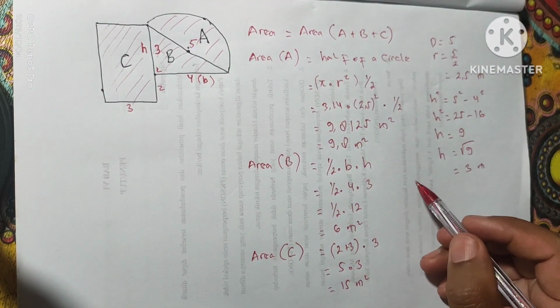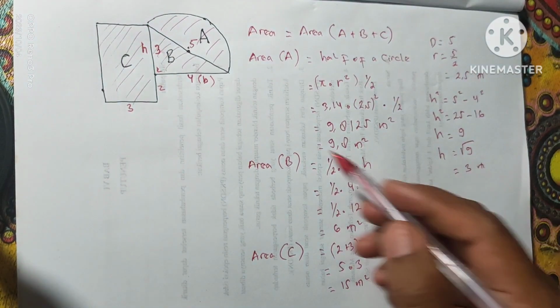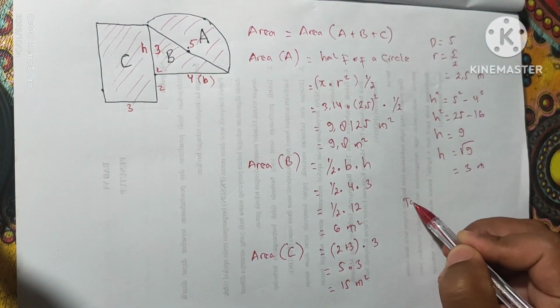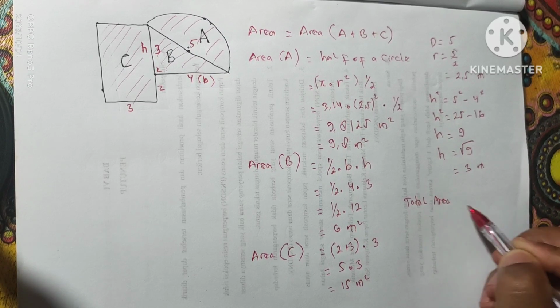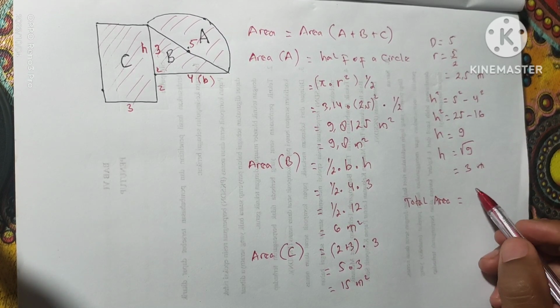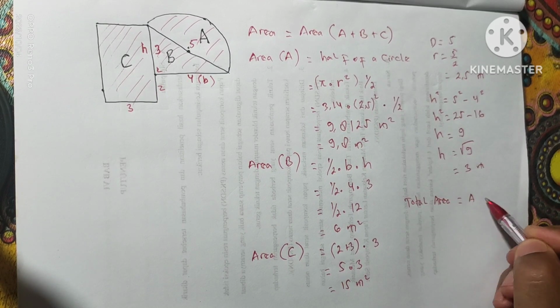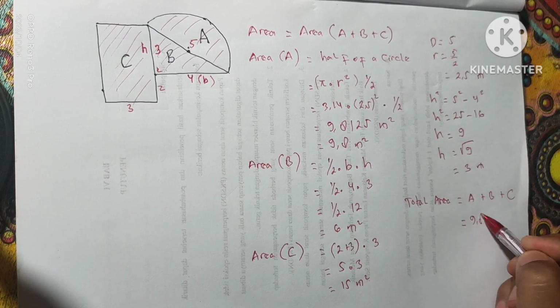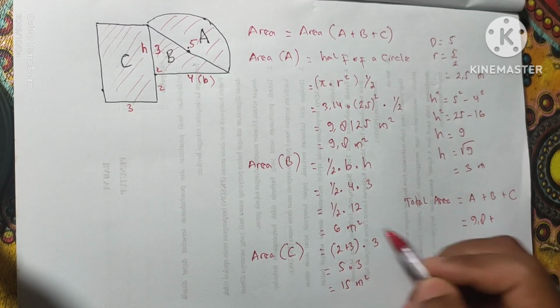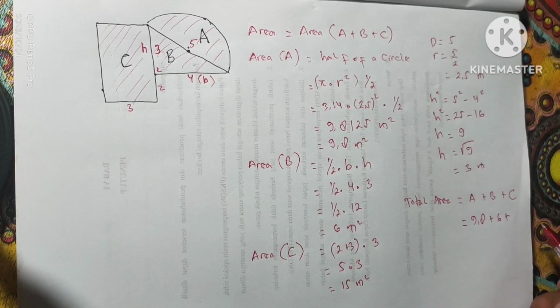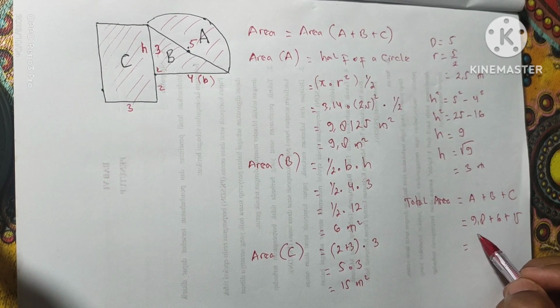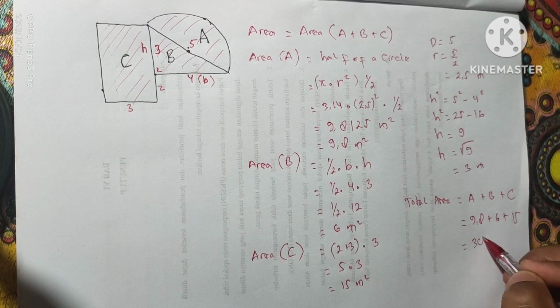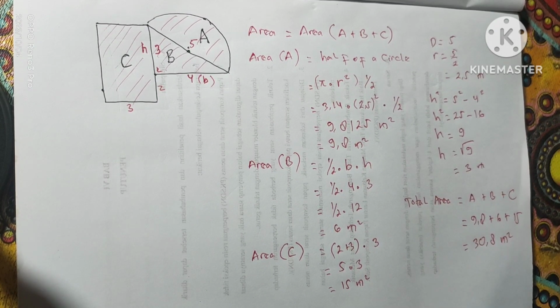So the total area of this shaded picture will be the area of A plus B plus C. So we get 9.8 plus B, we get 6, plus C, we get 15, and finally we get 15 plus 6, 21, 21 plus 9.8, it will be 30.8 square meters.